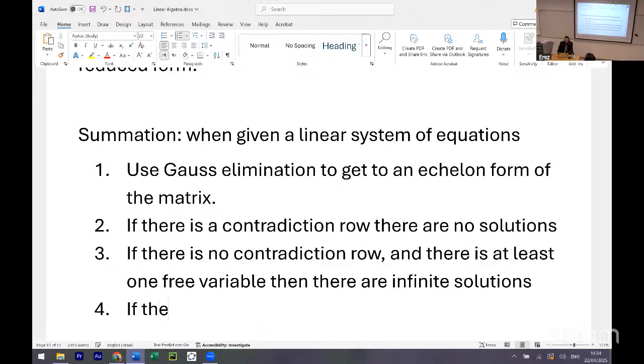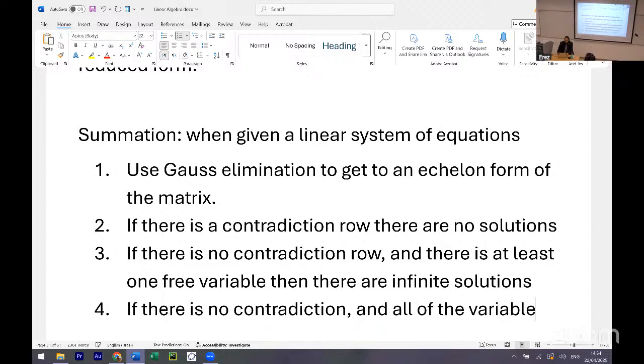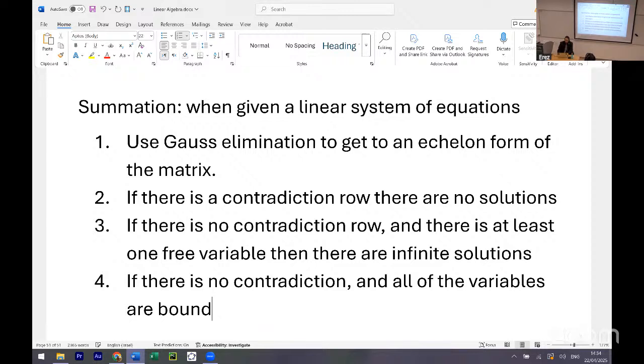If there is no contradiction and all of the variables are bounded, I could say there is no free variable, it's the same. So how many solutions do you think we have in this case? Then there is a unique solution. We'll do a few examples right after the summation.